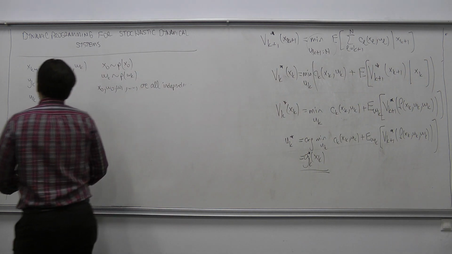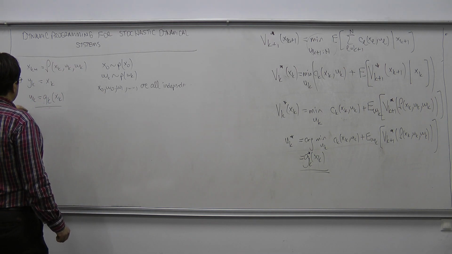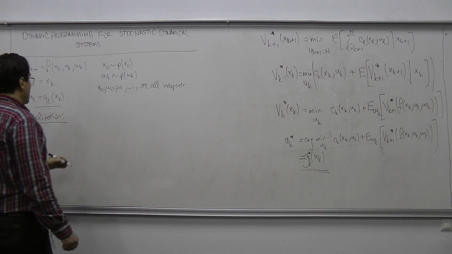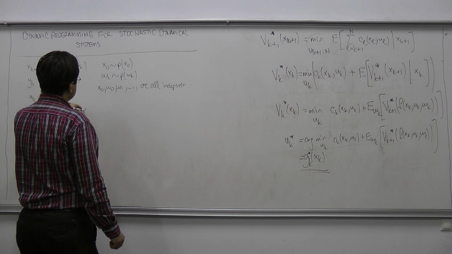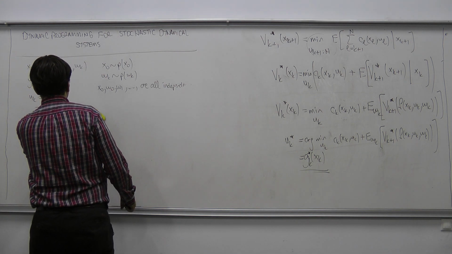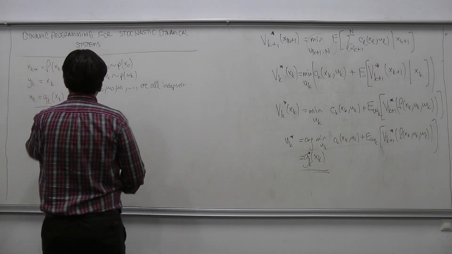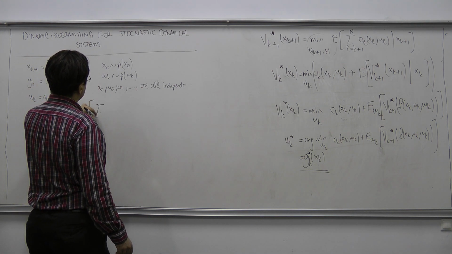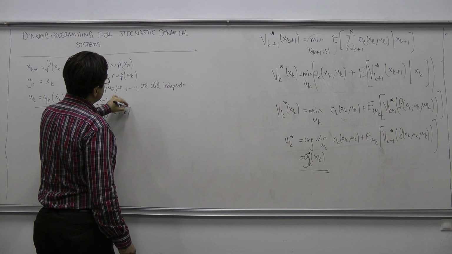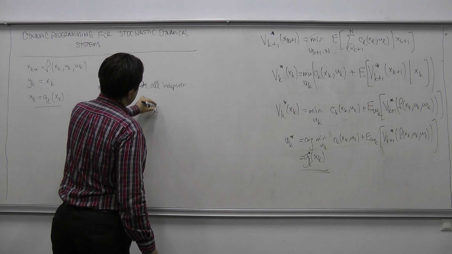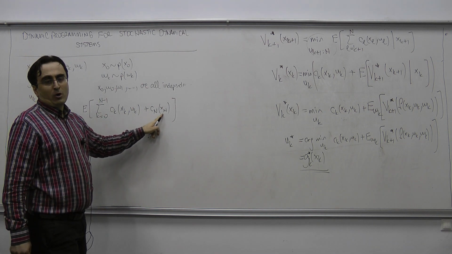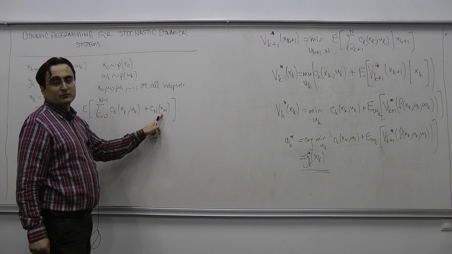So what is our initialization for dynamic programming? Initialization is done as before. Vn star of, before that, let me write the cost function. The cost function that we consider is always going to be in this form: the sum for k equals 0 to n minus 1 of ck of xk, uk plus cn of xn.